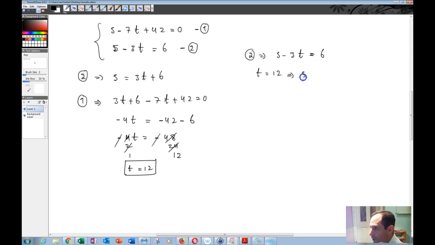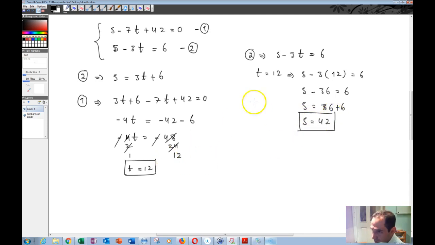So s minus 3 times 12 is equal to 6. So s minus 36 is equal to 6. S is equal to 36 plus 6, which is equal to 42. So this is the value of s and t in this pair of equations.